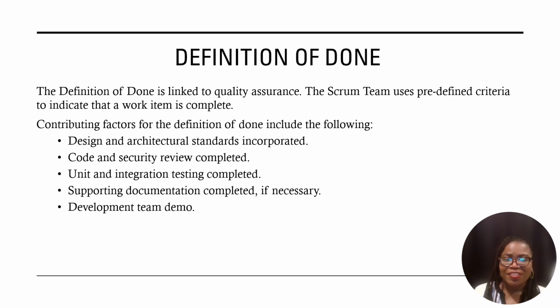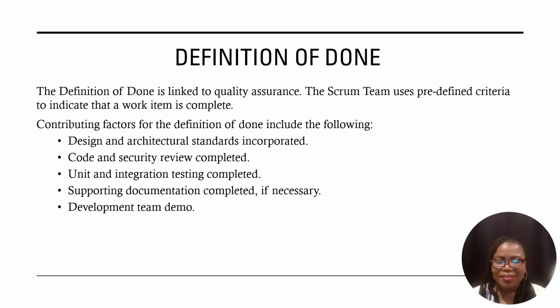So the definition of done is really a quality assurance measure in that the team works the stories to determine a predefined criteria to indicate that the work is complete.